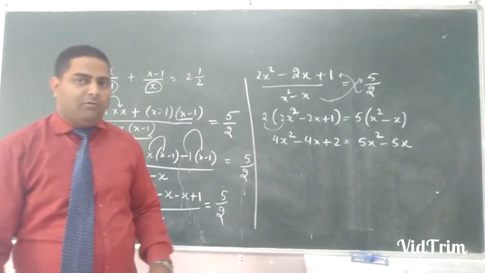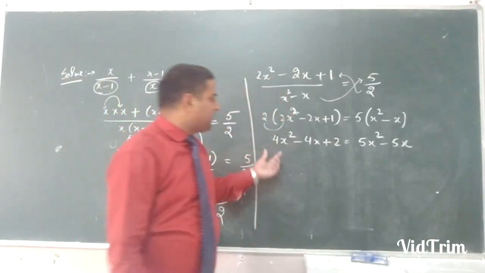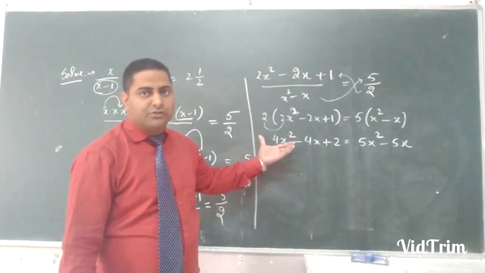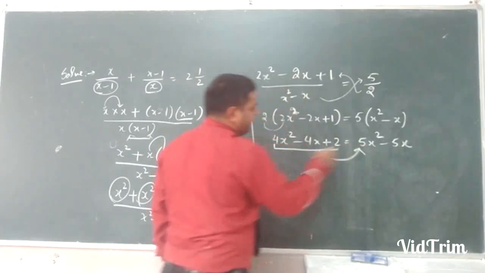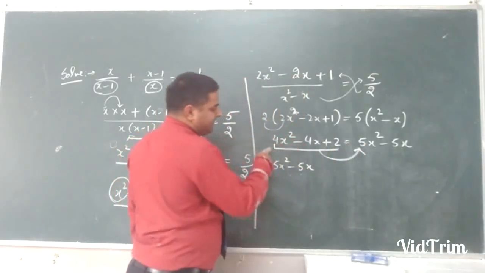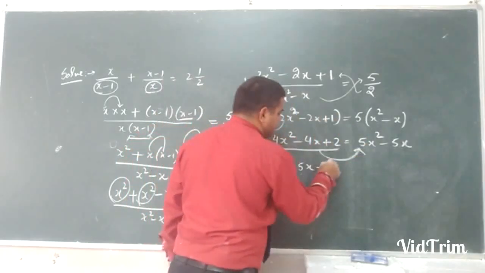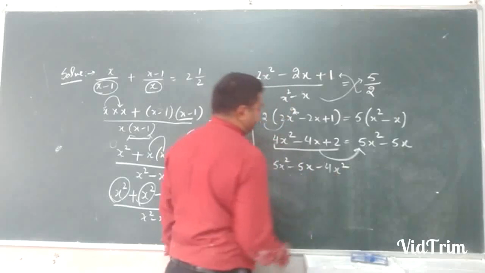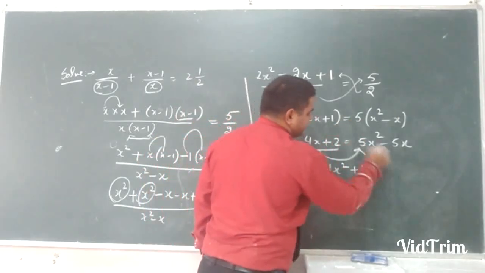Clear? Now, if we see these terms, 5x squared is bigger than 4x squared. So we take these terms to this side. We write first this 5x squared minus 5x. When this 4x squared goes to this side, it changes to minus. This minus 4x, this side changes to plus.